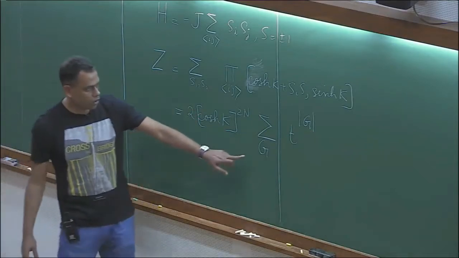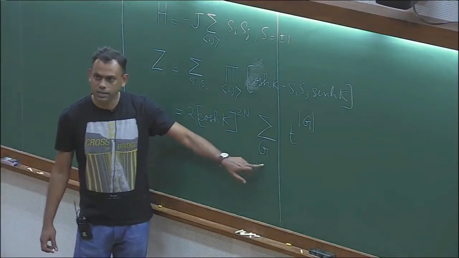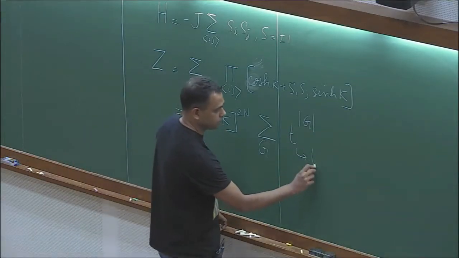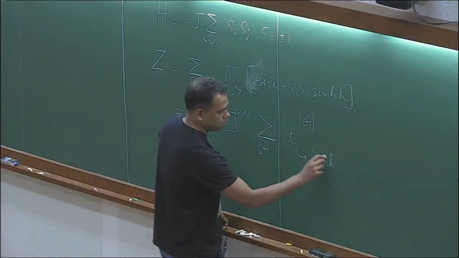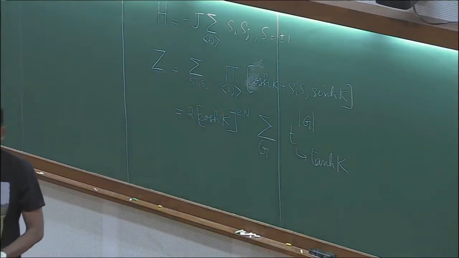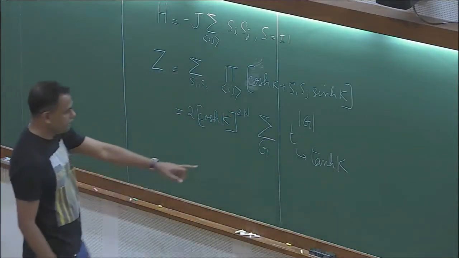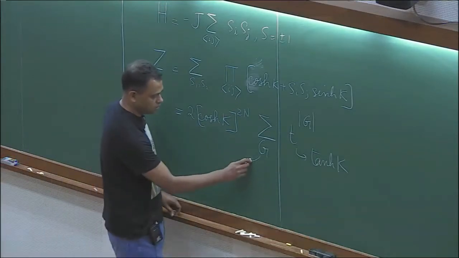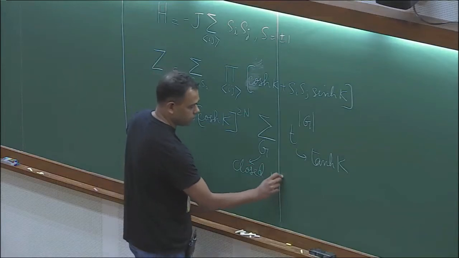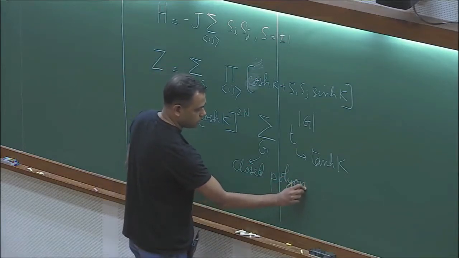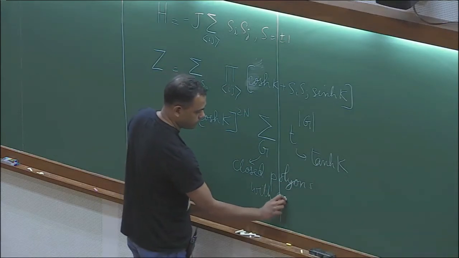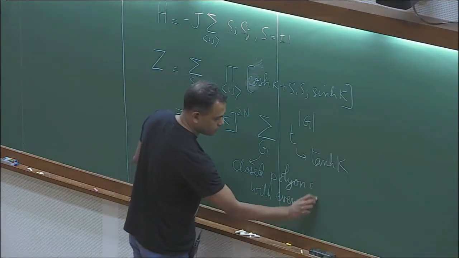So it's a sum over all possible graphs with a constraint, which I'll specify now. t is tanh k, and mod g is the number of bonds in the graph. And the graphs are closed graphs. So these are closed polygons with even valency.